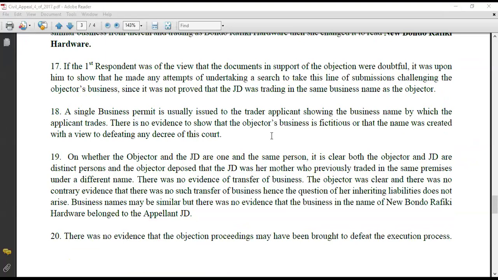So for you to get 10 marks, you must talk about the objection proceedings. You explain Order 22, Rule 50 to 55, Section 46 of the Civil Procedure Act. You say it's a chamber summons, supported by an affidavit. You talk about the prayers which you have to pray.